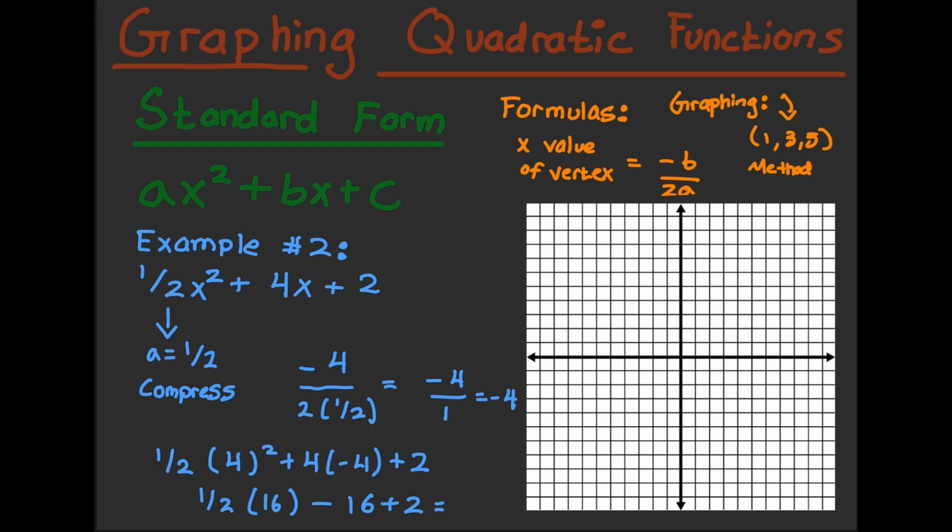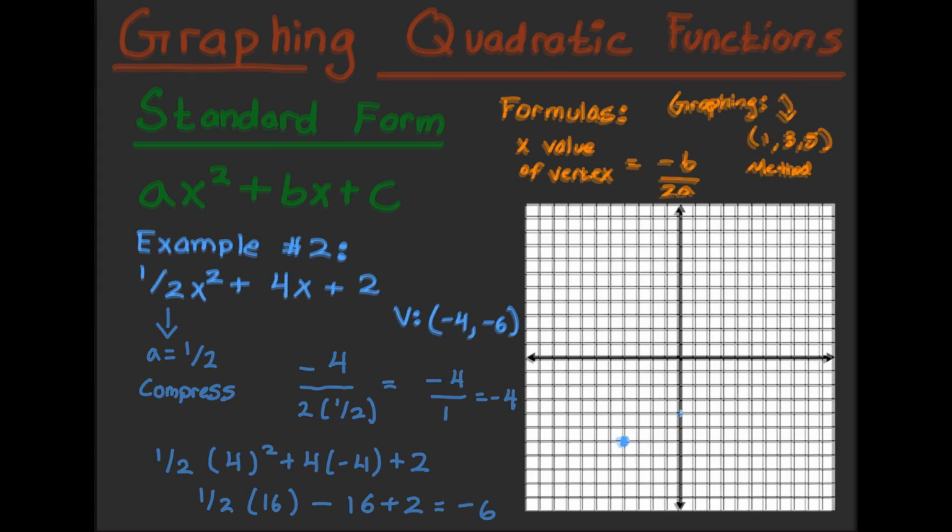This simplified is 1/2 times 16 minus 16 plus 2. This simplified further is 8 minus 16 plus 2, or negative 6. So our vertex is negative 4, negative 6. This will get plotted on our coordinate plane.